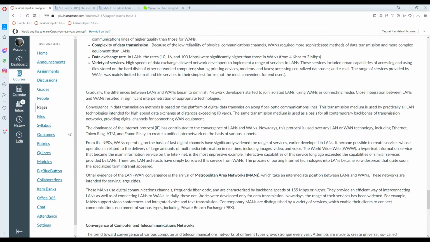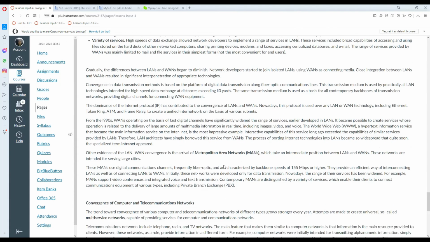Gradually, the difference between LANs and WANs began to diminish. Network developers started to join isolated LANs using WANs as connecting media. Close integration between LANs and WANs resulted in significant interpenetration of appropriate technologies.